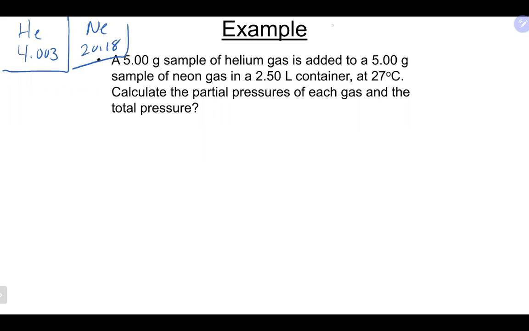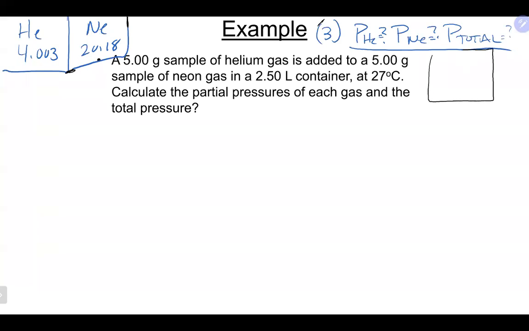All right, we're looking for 3 answers here. In this situation, we have a container, and inside the container we have helium flying around and neon flying around. Because it's an ideal gas situation, we can assume that although they are in the same container, they're kind of in their own bubble, by themselves.